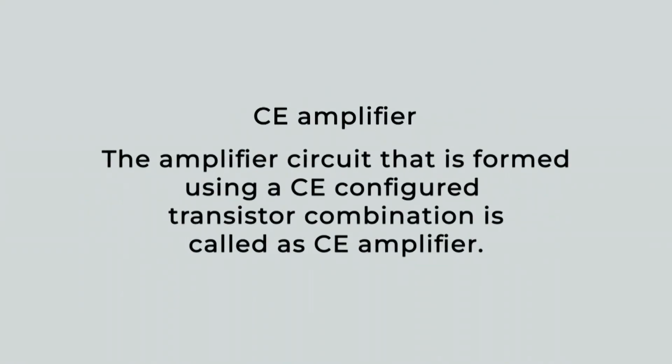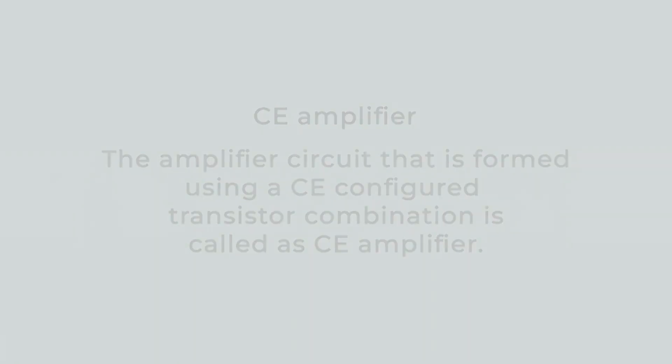The CE amplifier, that is a common emitter amplifier, is a circuit that is formed using a common emitter configuration transistor. It is called a common emitter amplifier. It gives a high value of voltage gain and current gain, and it will produce a 180 degree phase shift at the output.